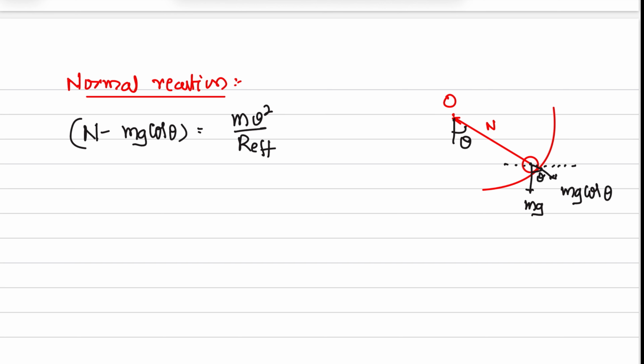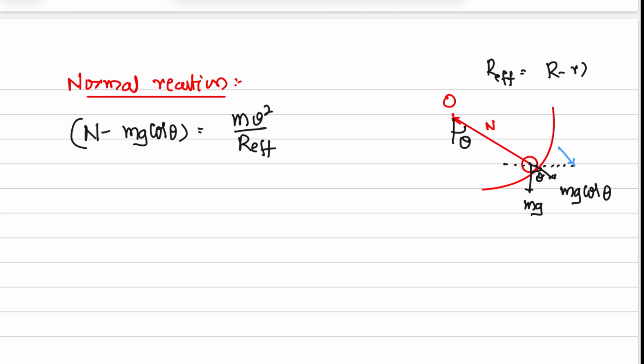To counter that, centripetal force is required in this direction. That centripetal force is mv square by R effective. What is the effective R? From the beginning we are telling that we are doing it with respect to the COM of the small sphere. R effective is equal to R minus r. Then it will be N minus mg cos theta is equal to mv square by R minus r.